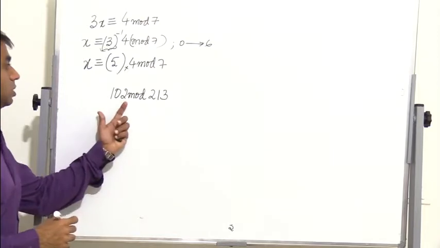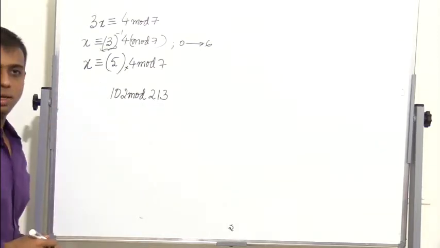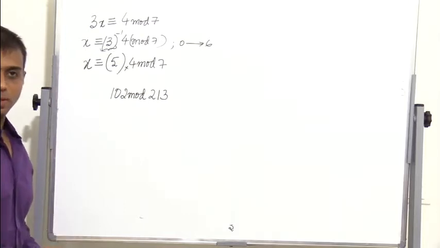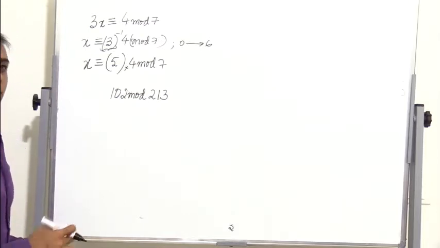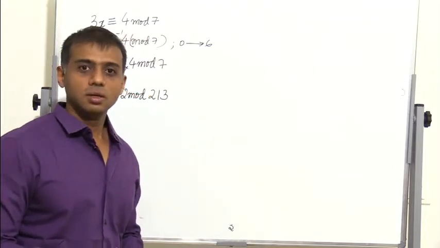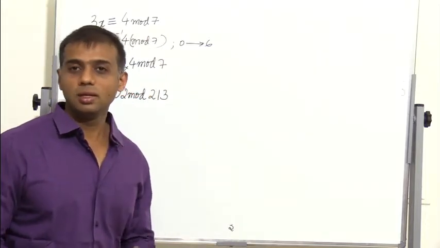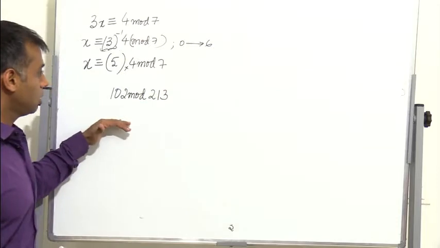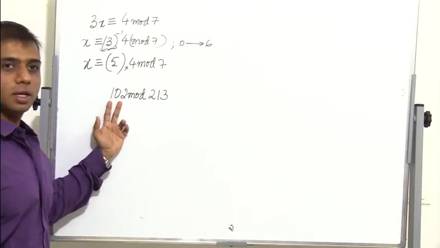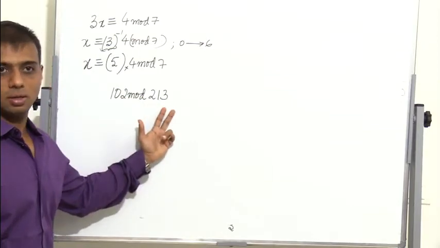It is not possible for me to find the inverse by inspection. So how do we find the inverse? We will see that in the next session, where we use the extended Euclidean algorithm to find the inverse of a given number in any mod value.